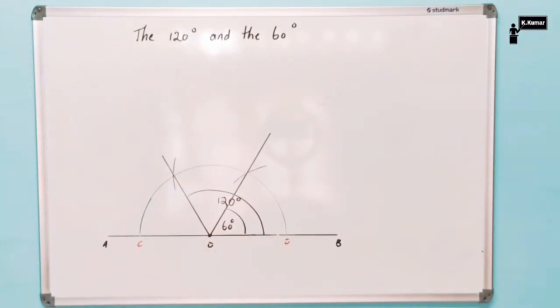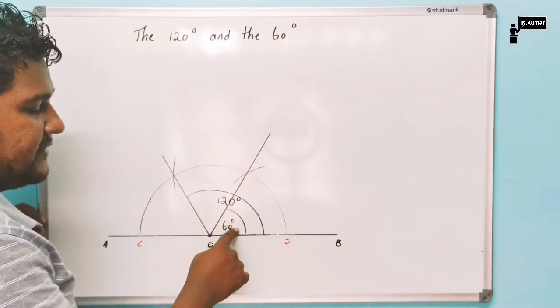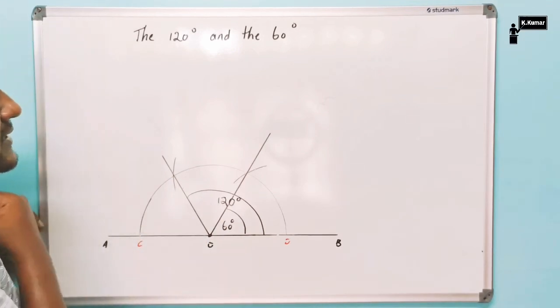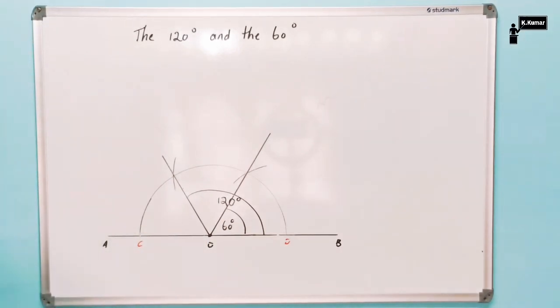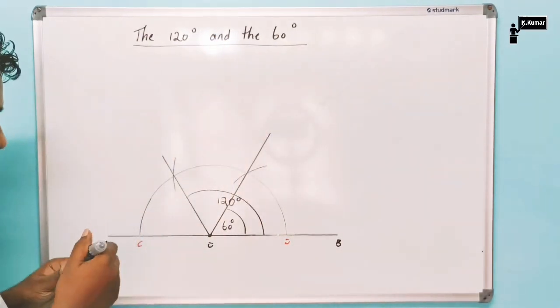So remember, after you scribe the semicircle, using the same measurement on the compass, your first arc becomes the 60-degree angle, and your second arc becomes the 120-degree angle. And that's how you construct the 120 and the 60.